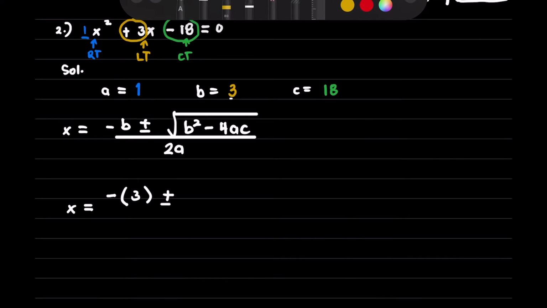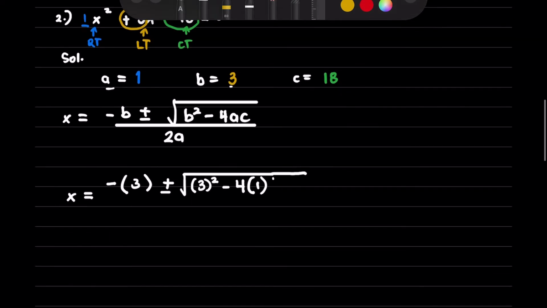Positive or plus minus the square root of B. What is B? What's the value of B? That's 3 squared minus 4 times A. What's the value of A? That is 1. And then we have C. The value of C is 18.